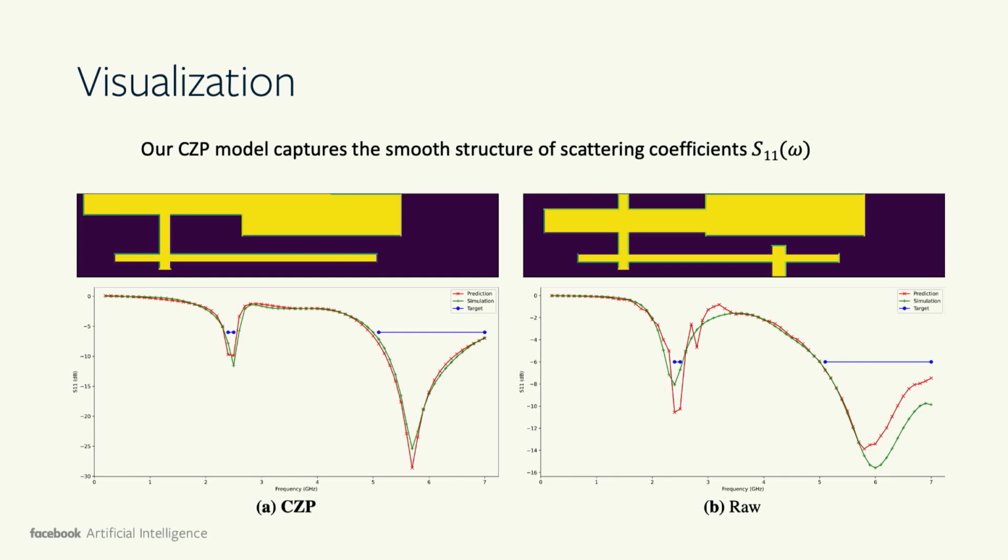In terms of visualization, you will see that the raw prediction is very jaggy, with a lot of discontinuous structures, because the raw prediction does not utilize the structure of the frequency response that is proven by our theorem. But our CDP model predicts something that is super smooth, which is also consistent with the actual simulations.